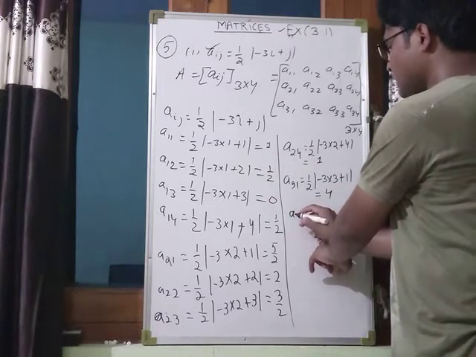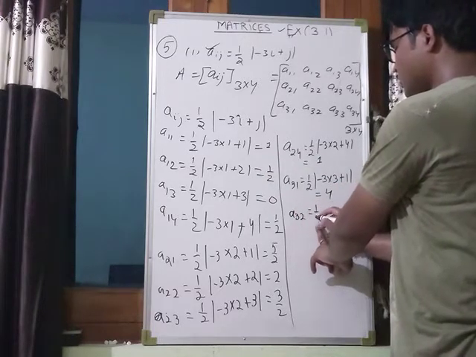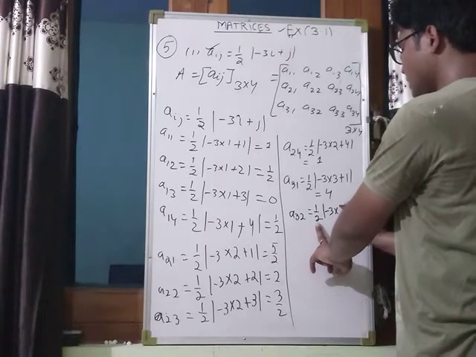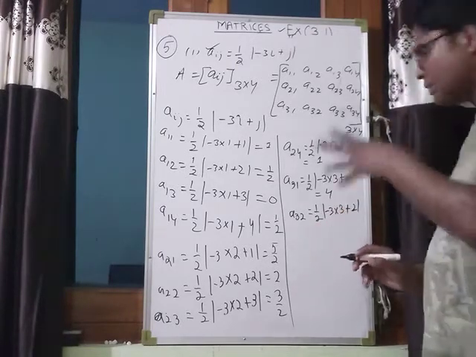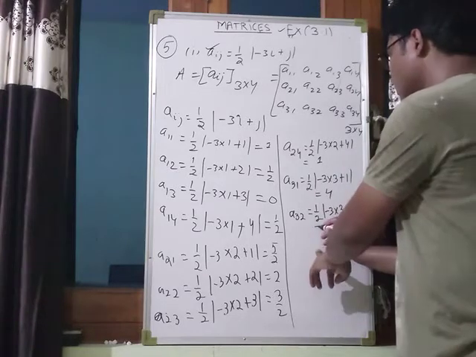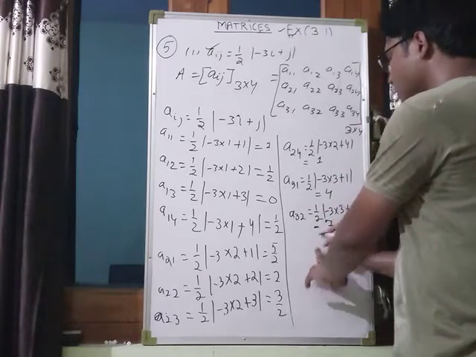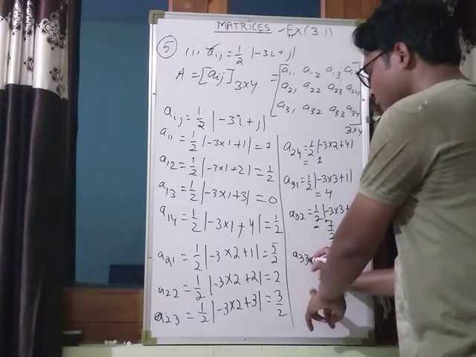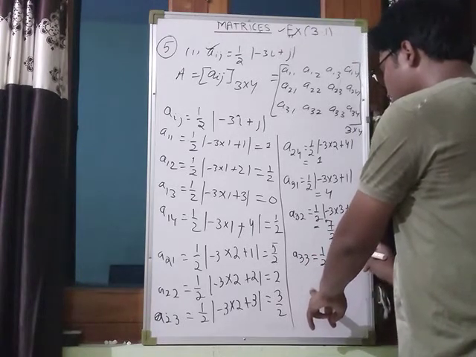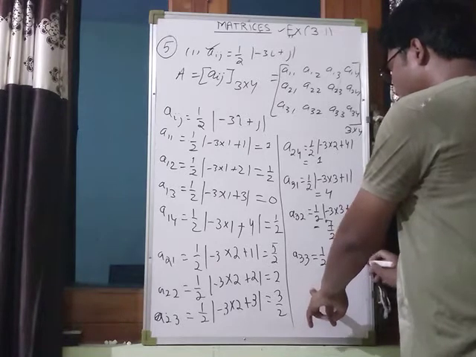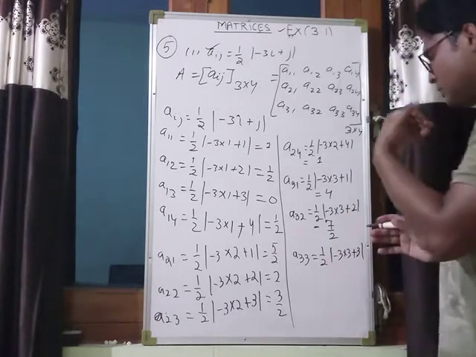A32 is 1 by 2 mod of minus 3 into 3 plus 2, that is minus 9 plus 2, minus 7. Mod minus 7 is plus 7 by 2. A33 is 1 by 2 mod of minus 3 into 3 plus 3, that is minus 9 plus 3, minus 6.